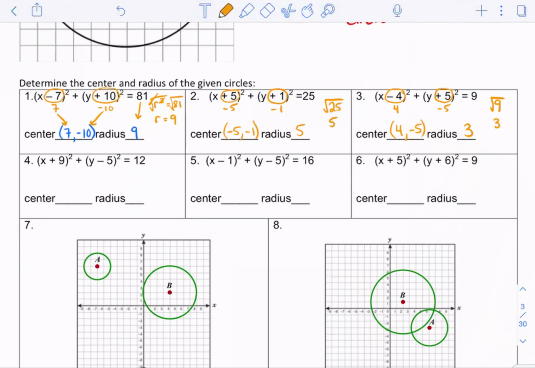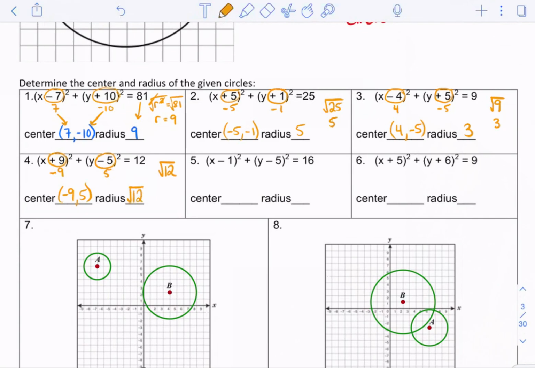Unlike number 4, -9, +5. But here, I don't know of any number times itself in my head that would give me a 12. So can we just leave it as the square root of 12, or do we always simplify?